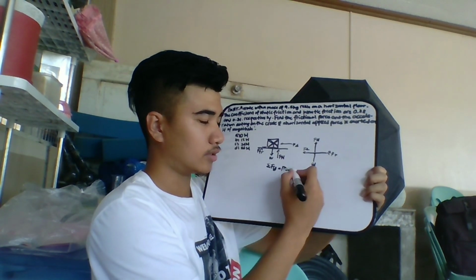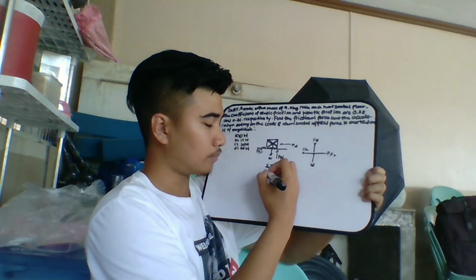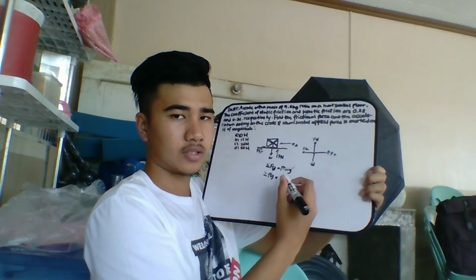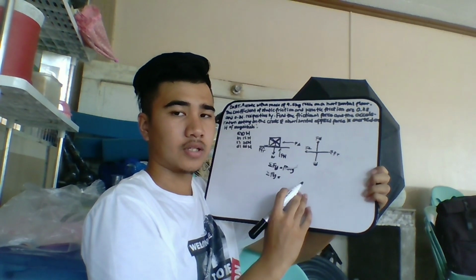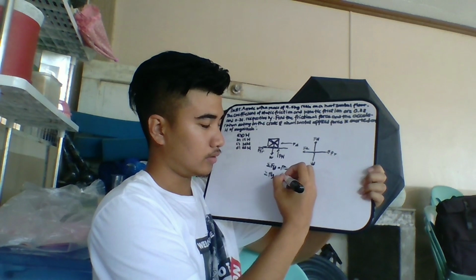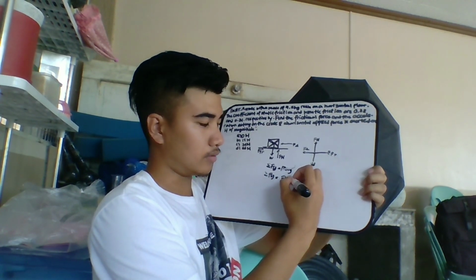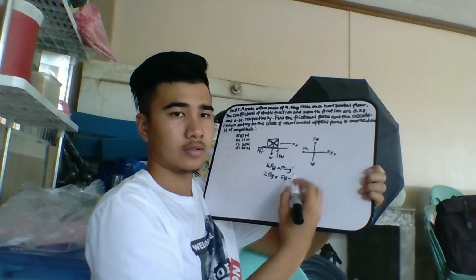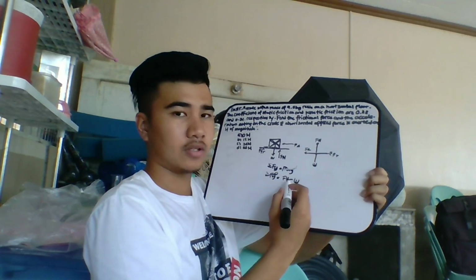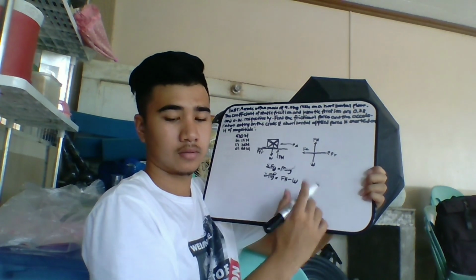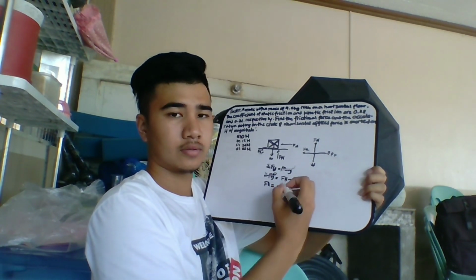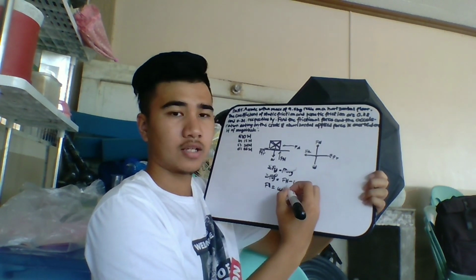So this is 0, and by summation of forces at y, say again, this is the positive up and right, positive, Fn minus the weight. So this is 0. Fn directly equal to the weight, and this is equal to the mass times the gravity.